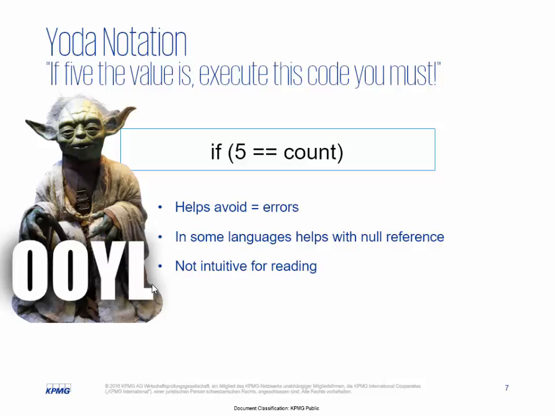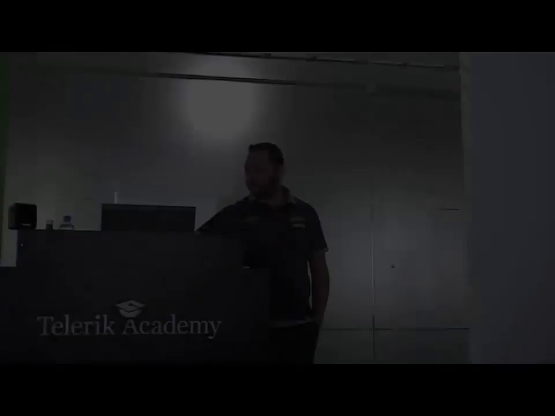This could help avoid errors also in maybe more strongly typed compiled languages, but I don't like it because it's not nicely readable and it's not intuitive. So there are some supporters of this type of writing, and I'm not one of the supporters, but so that you know that this exists and it will work, but it's not common, and I'm not sure it's the best type of conditional statements.